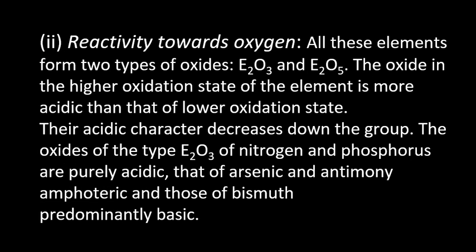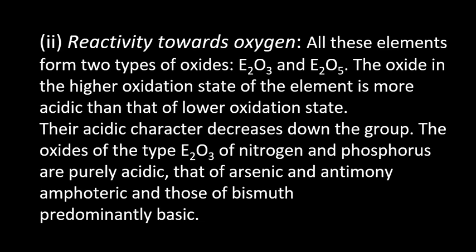Reactivity towards oxygen. All these elements form two types of oxides, E2O3 and E2O5. The main point is that the higher oxidation state oxides are more acidic, and the acidic character decreases down the group.